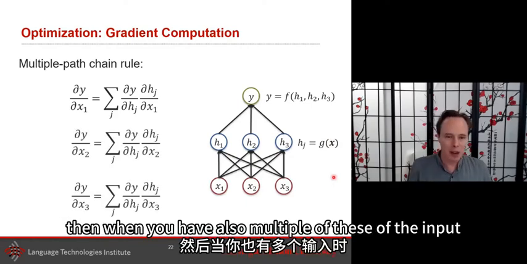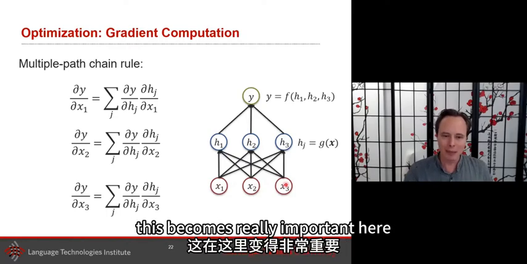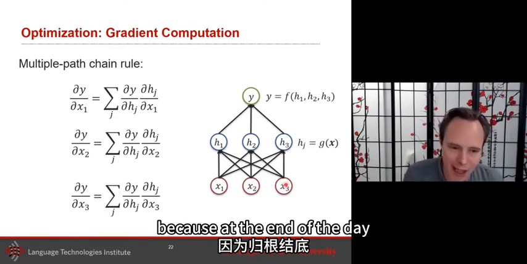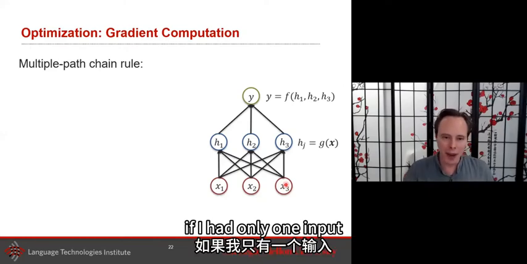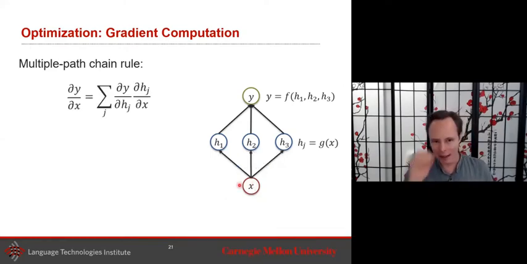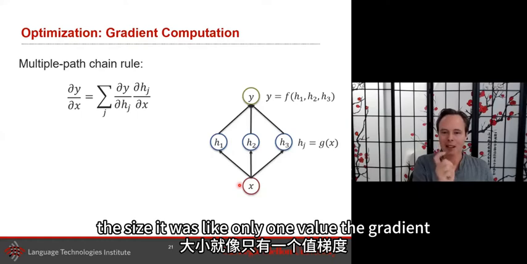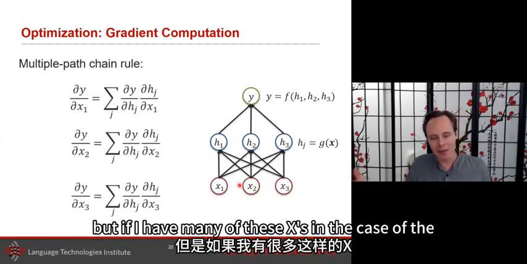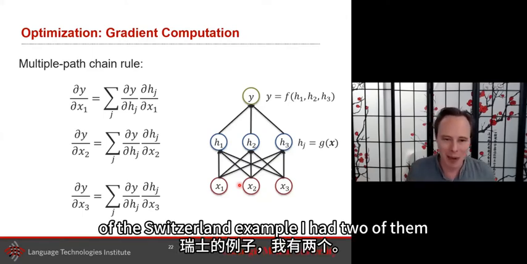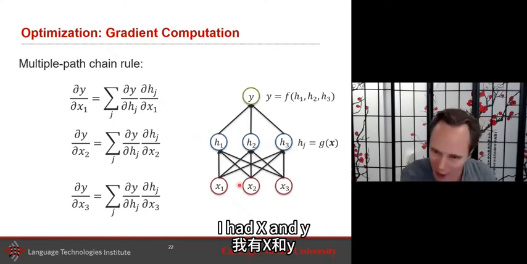And then when you also have multiple inputs, this becomes really important, because if I had only one input, my gradient is one-dimensional, and it's in fact only one value. But if I have many of these x's, in the case of the Switzerland example, I had two of them, x and y.